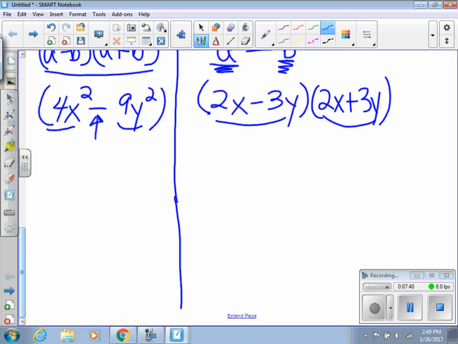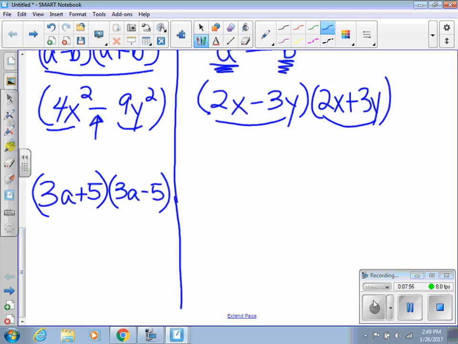So I'm going to give you what will be that particular trinomial without doing FOIL. Think about what the answer will be on that product.